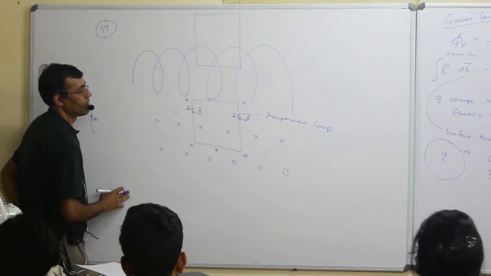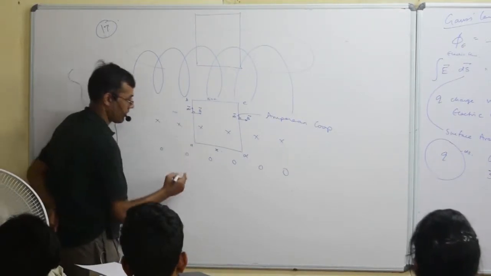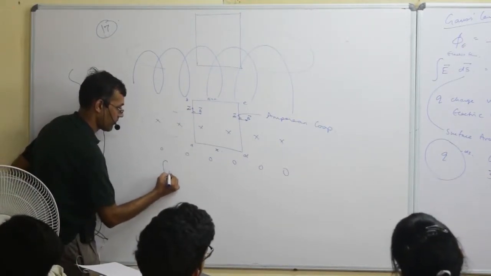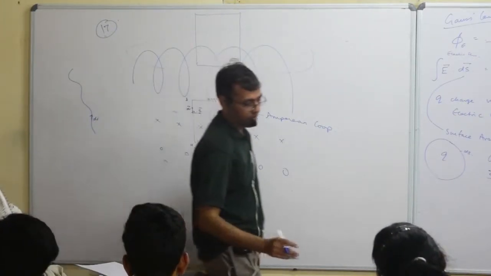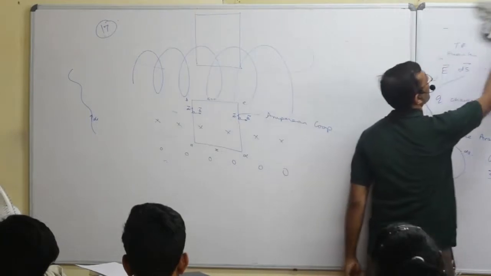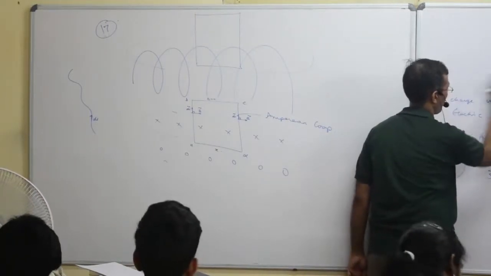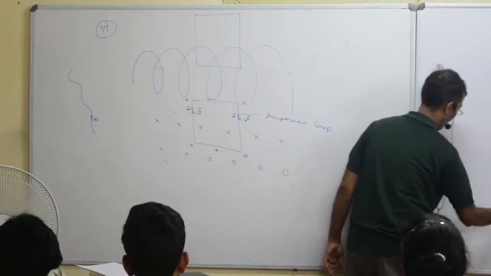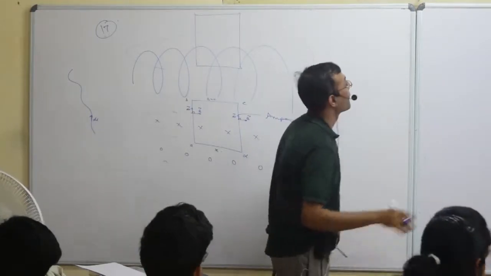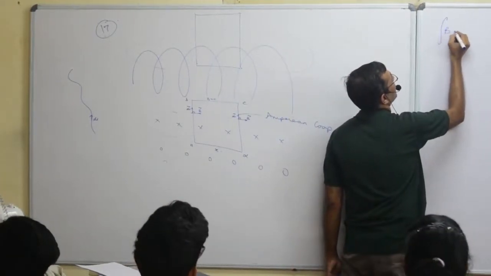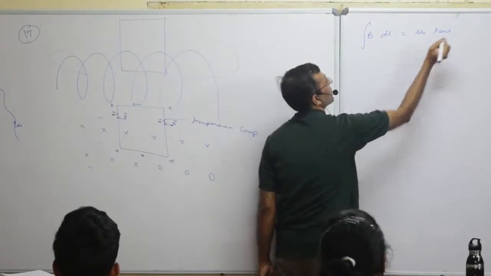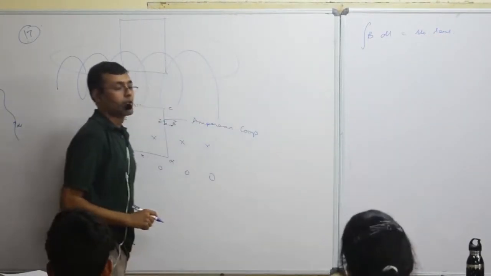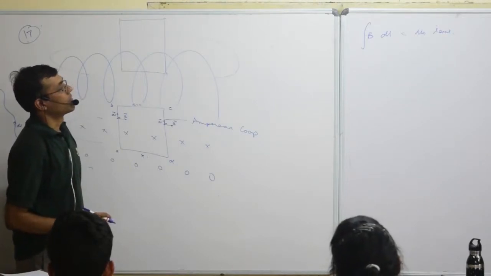If I want the magnetic field inside this, I'm going to say integral of B dot dl, maybe I'll write it here so that everyone can see it. Integral of B dot dl is equal to mu naught I enclosed. That's my Ampere circuital law.